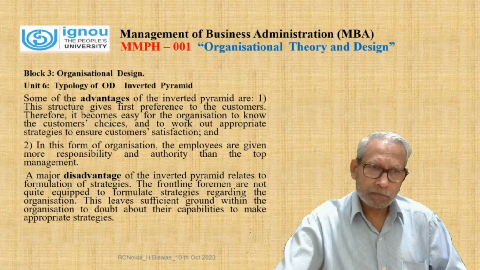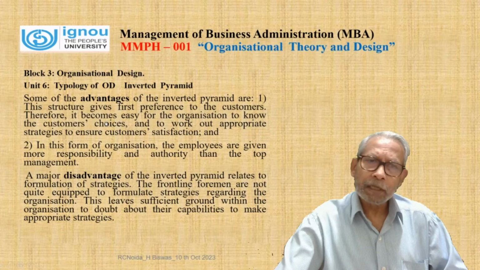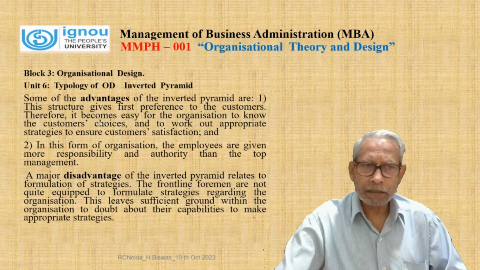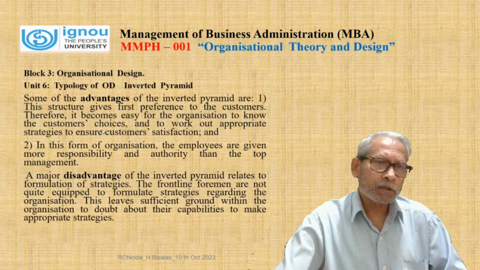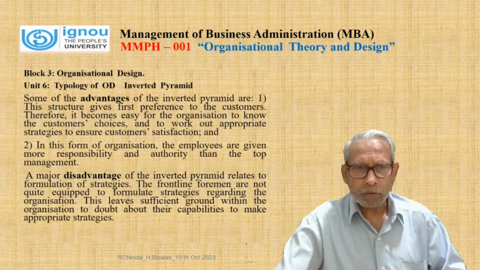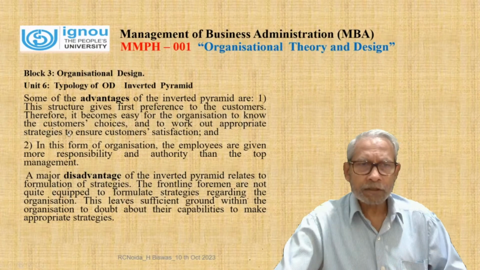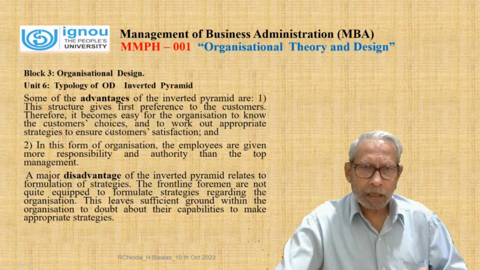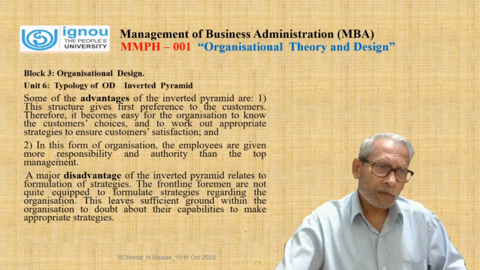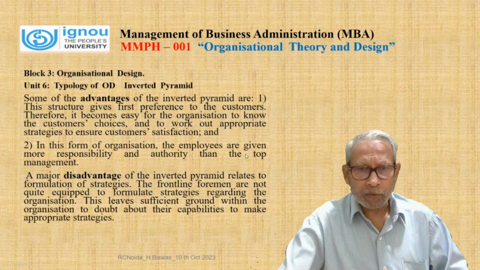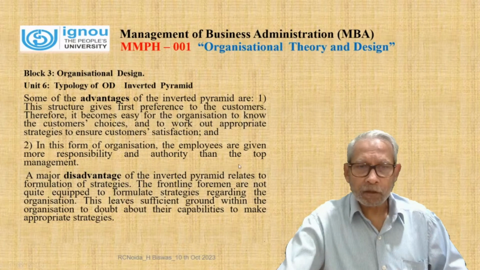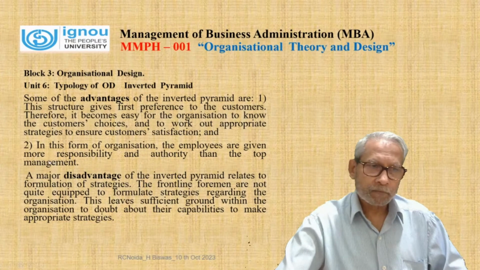They can take responsibility. Small things need not go to the CEO, otherwise the decision-making process will be delayed. So in this form of organization the employees are given more responsibility and authority than the top management.